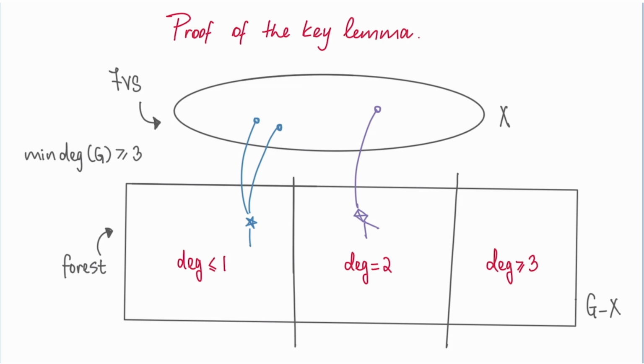But remember that in a forest, we also have a relationship between vertices that have degree at least 3 and vertices that have degree at most 1. Intuitively, vertices of degree at least 3 can be thought of as branching vertices. And the more branching vertices you have, the more leaves you end up spawning because of them. So formally, you can prove this by induction, but it turns out that the number of degree at most 1 vertices is strictly more than the number of degree at least 3 vertices in any forest.